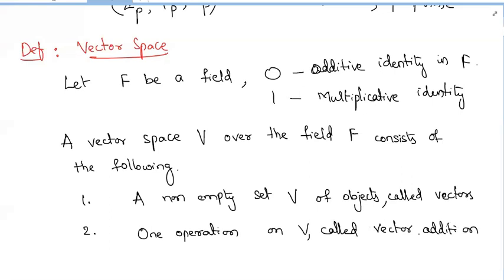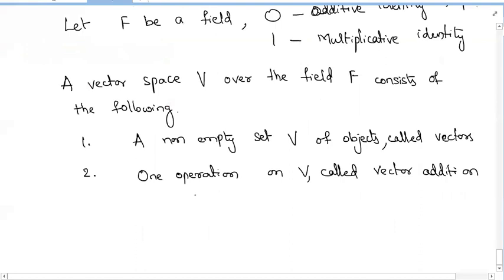Another operation, plus. This operation we denote with plus. Plus is an operation from V cross V to V, and another operation, dot, called scalar multiplication.